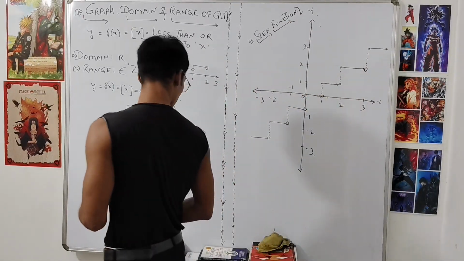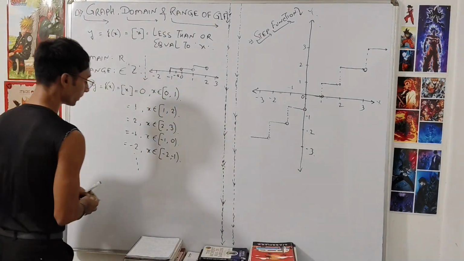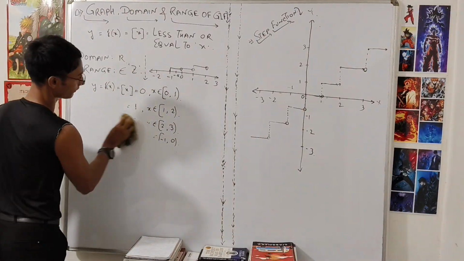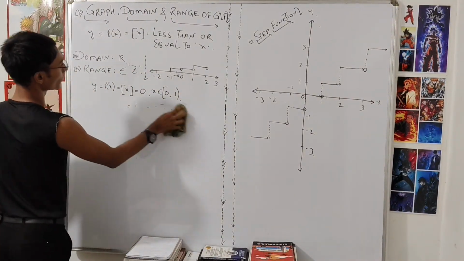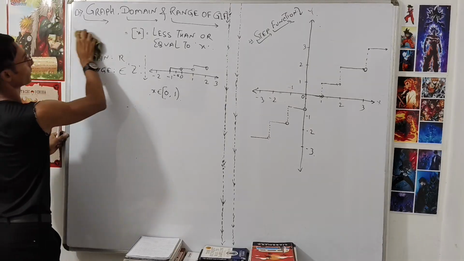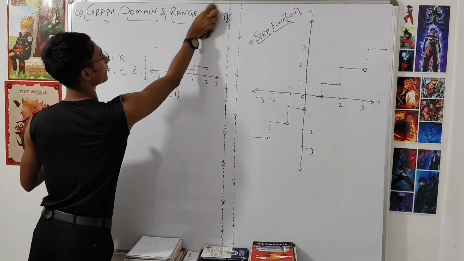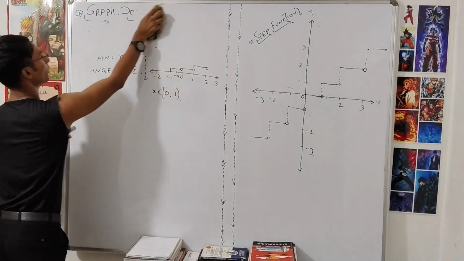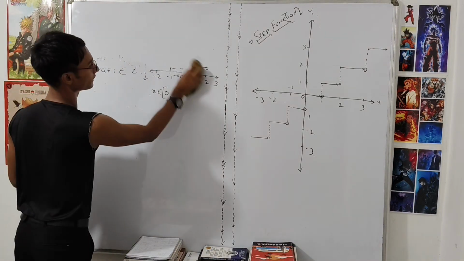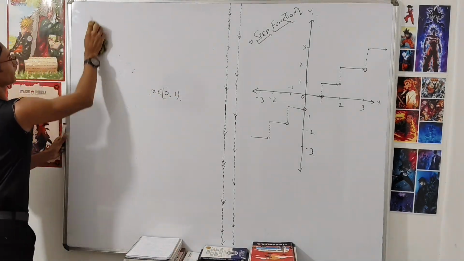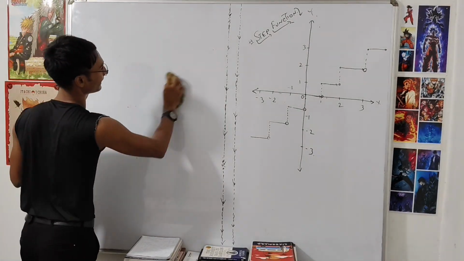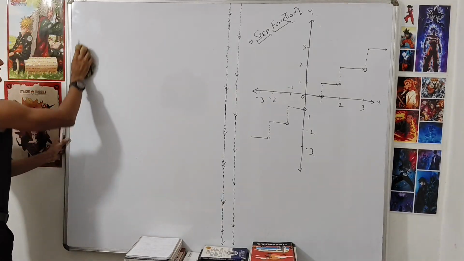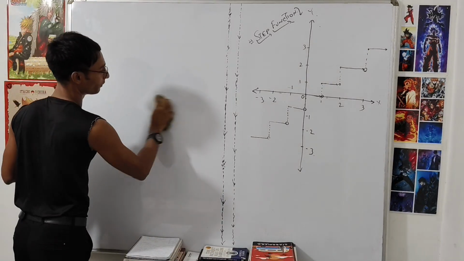Now we will discuss the properties of the greatest integer function. So the graph is done here. I hope you have understood this graph. If not, then do it again, then check it again. You can refer to a book too.